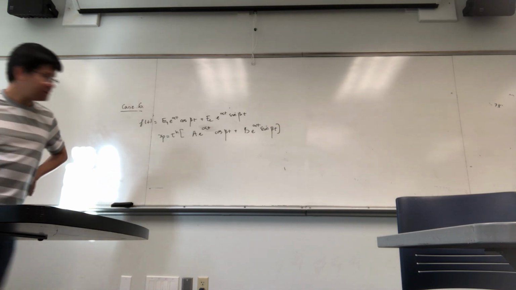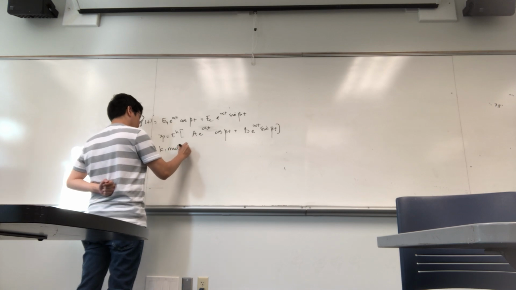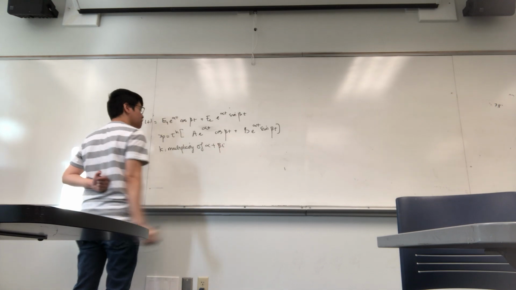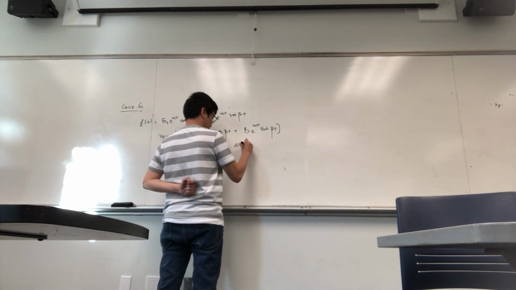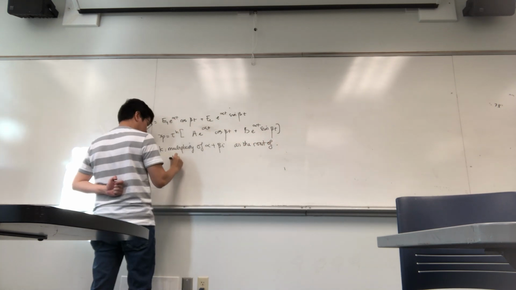And k is the multiplicity of alpha plus beta i as the root of the characteristic equation.